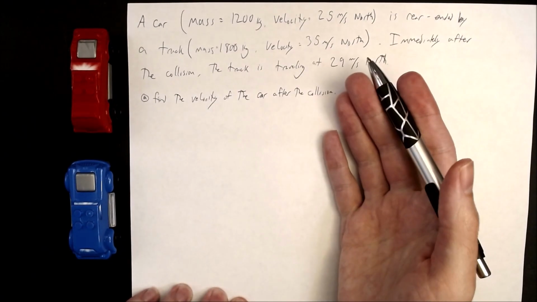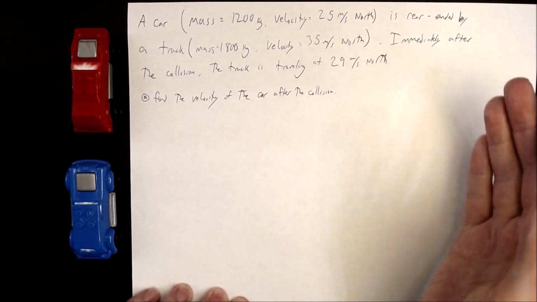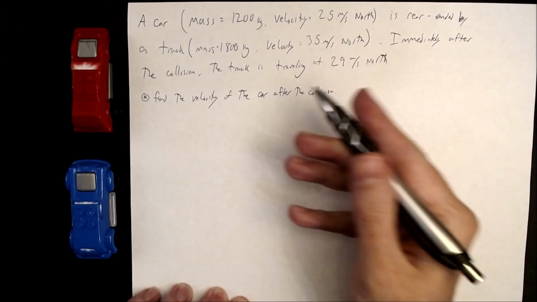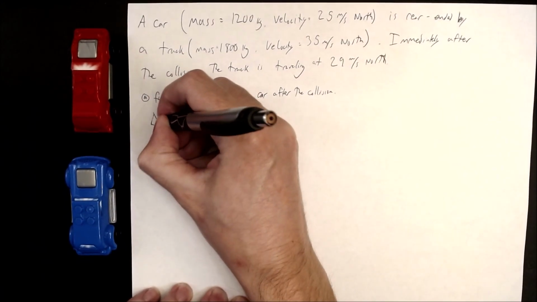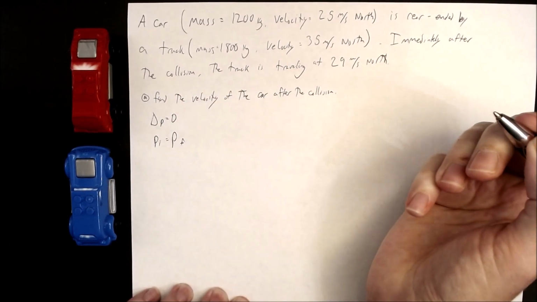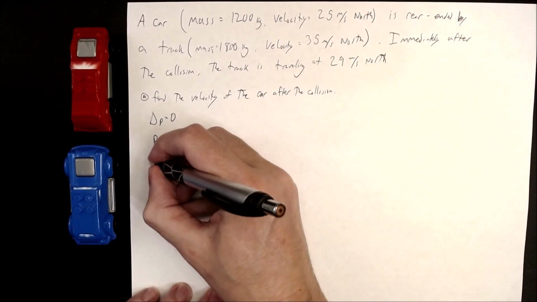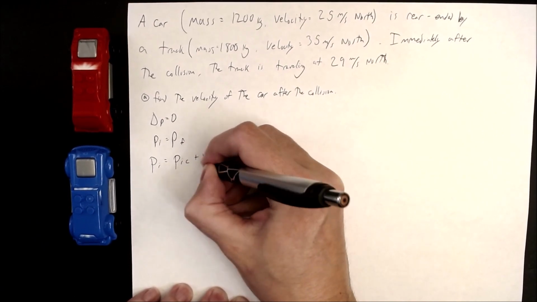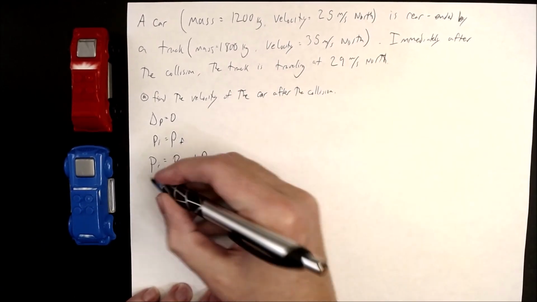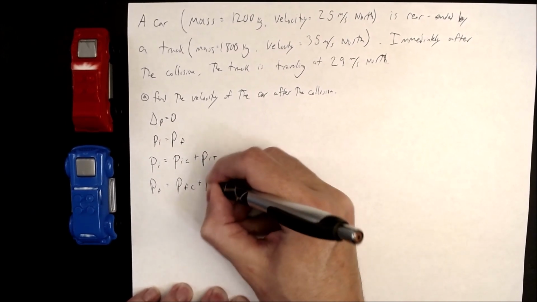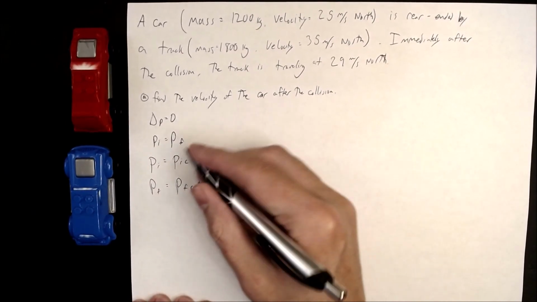Well, this is a collision problem, and in every single collision problem we're ever going to do, we're going to conserve the momentum. So delta P is equal to 0, P initial is equal to P final. And this is going to indicate that the momentum initial is the momentum initial of the car plus the momentum initial of the truck. Momentum final is momentum final car plus momentum final truck.